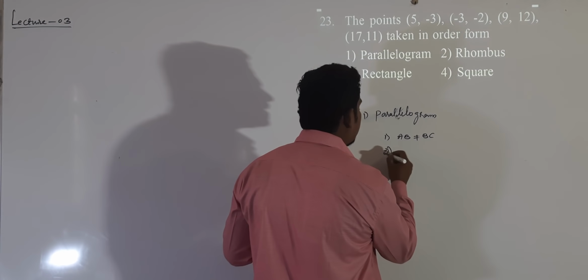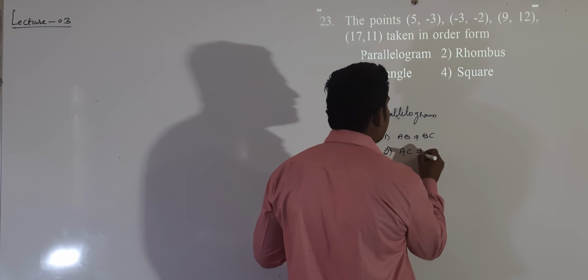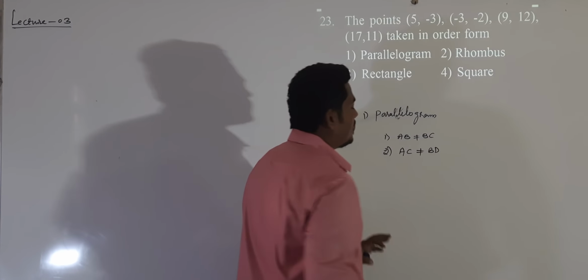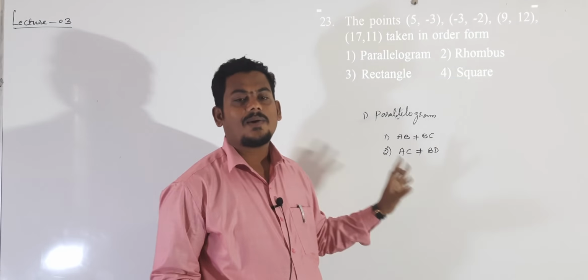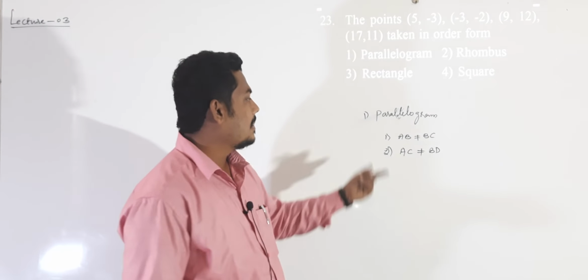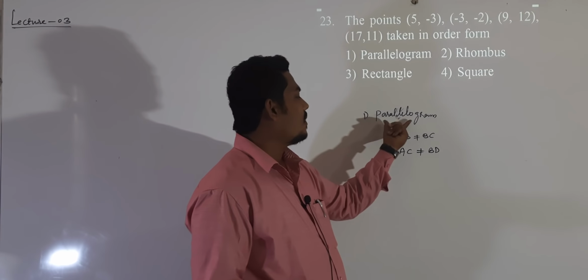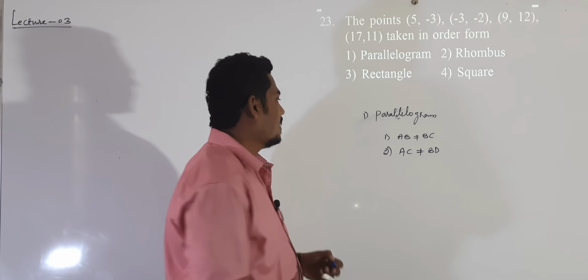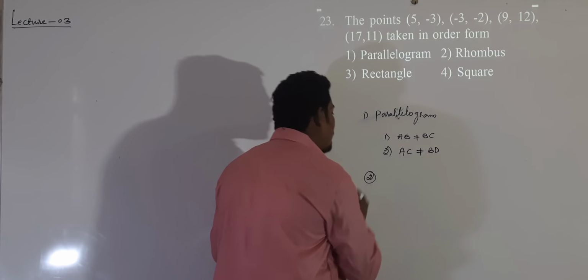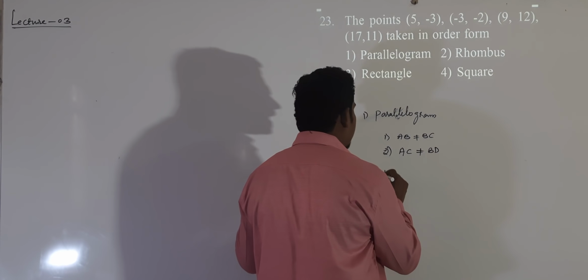And second condition, diagonals, AC diagonal is not equal to BD diagonal. Just check whether adjacent sides are equal or unequal and diagonals are equal or unequal. If a given quadrilateral is a parallelogram whose adjacent sides are unequal and diagonals are also unequal, then what is the geometrical condition for a rectangle?